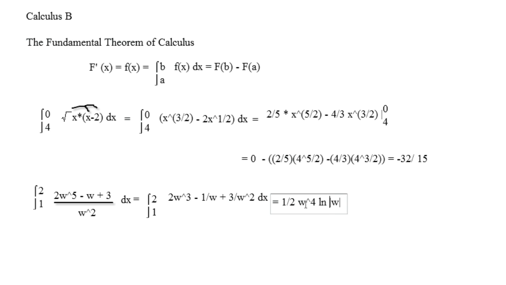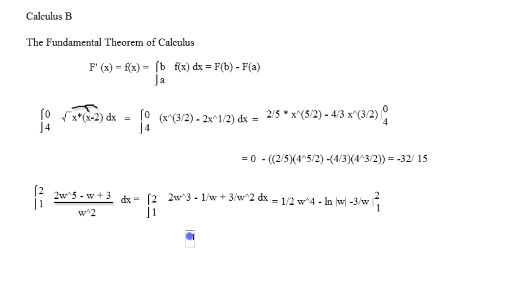Okay. Oh, and I forgot my minus sign, so let's get that in there. So I go minus the natural log of w. Then this one's going to become minus 3 divided by w. Okay, and then we actually have our notation for the integral. And it's going to be 2 up here and 1 down here.